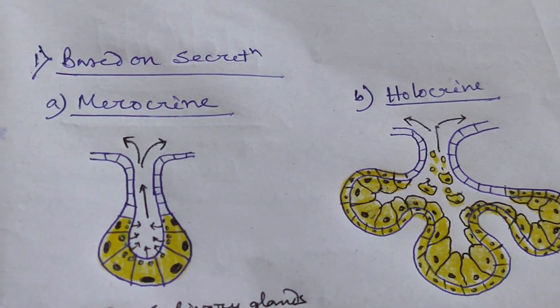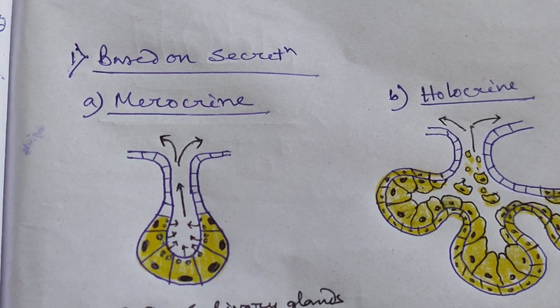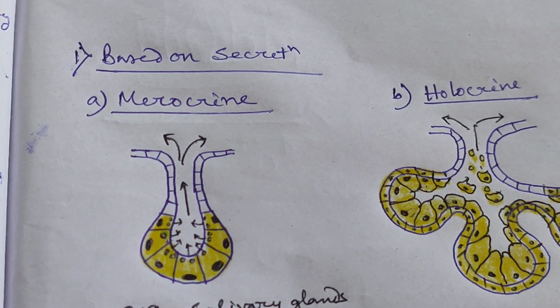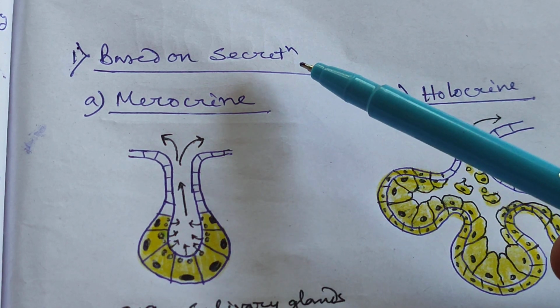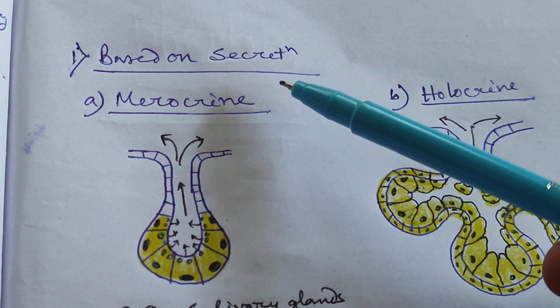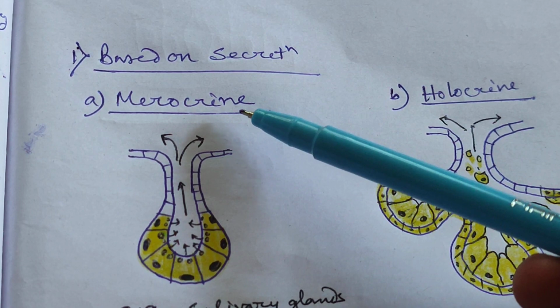Now coming to another type of exocrine gland classification based on their secretion. Based on the secretion of exocrine glands, they can be divided into three parts. One is merocrine gland.